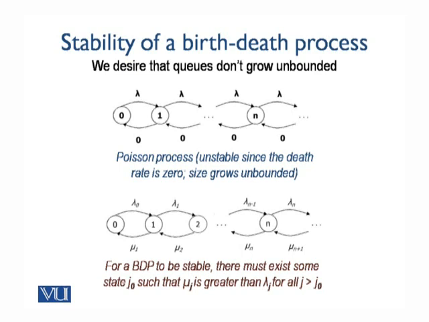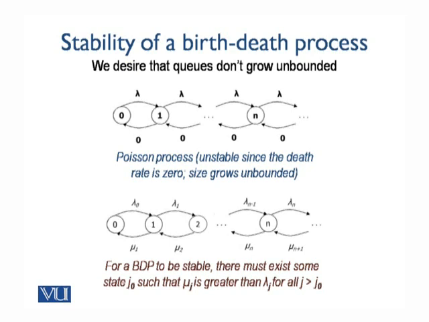So a concise statement of this condition is that for a birth-death process to be stable, there must exist some state, that state is J naught, beyond which mu J is greater than lambda J for all J greater than J naught.